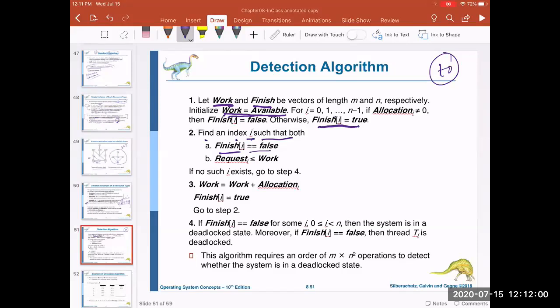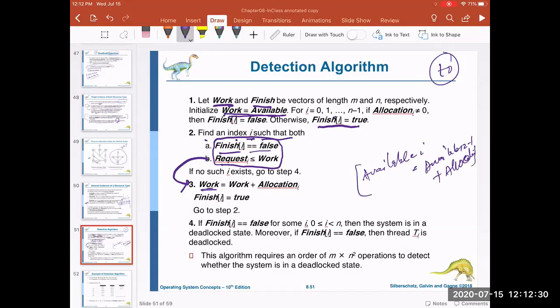If finish[i] is equal to false and request is less than or equal to work, then we go to step number 3, where work gets a new value. If you remember, we were updating available in the Banker's algorithm. The same thing is here, because work is equal to available.